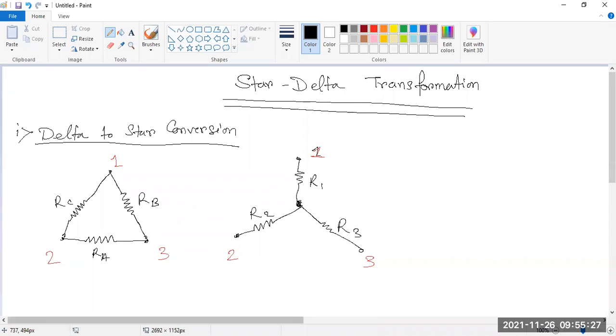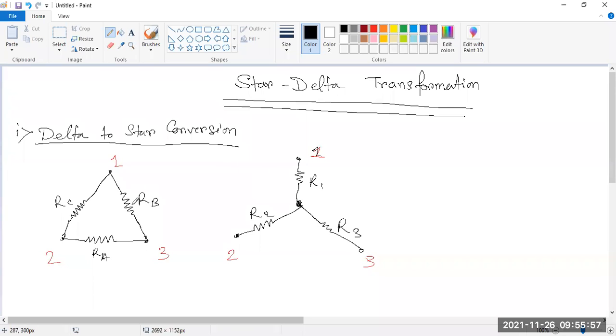Now we have to convert this, because sometimes if someone asks you the voltage across this, you can say, but if you want to measure the equivalent resistance, then it will not be possible. So this type of conversion is required in your circuit theory. This is called the delta connection, and this is called the Y connection or the star connection.